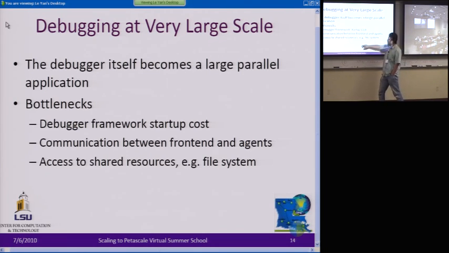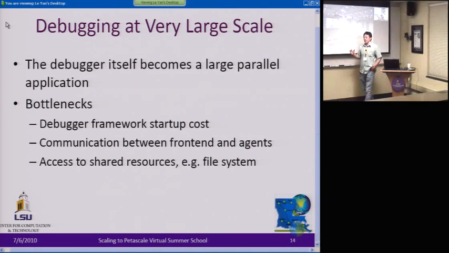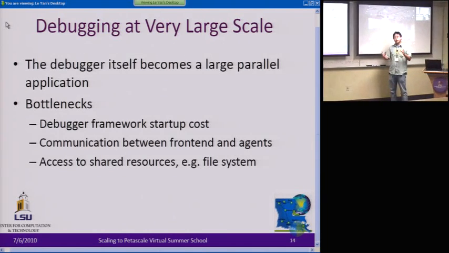And also if we try to debug a program with a very large core count, the access to shared resources, if say your executable is on an NFS file system, could cause significant overhead. So basically, when you're debugging a parallel program, you're actually running two parallel applications at the same time.